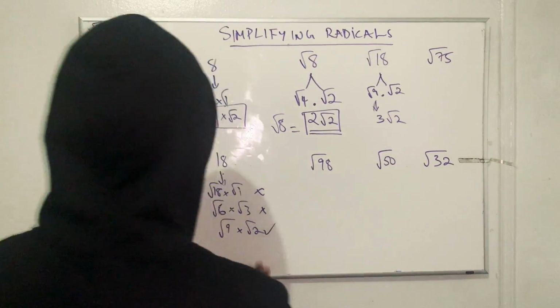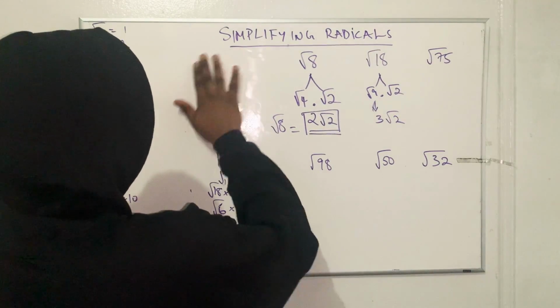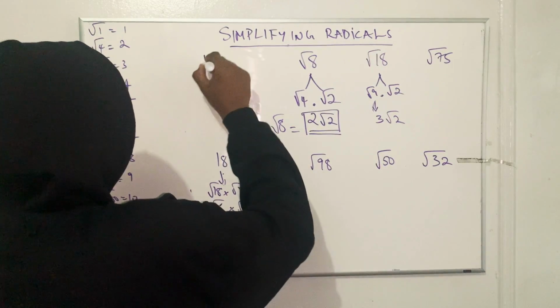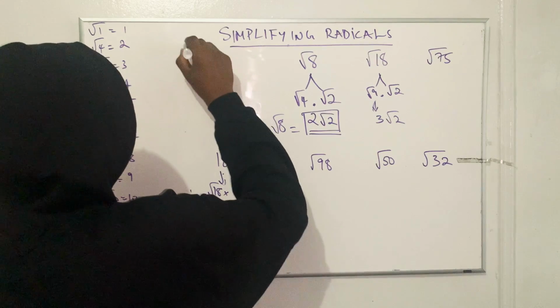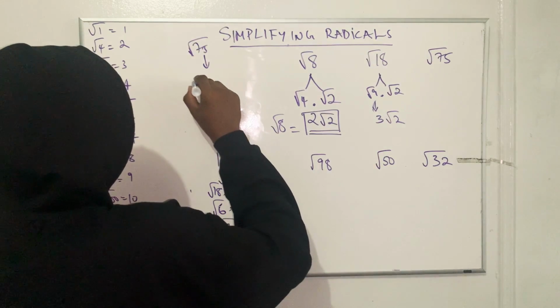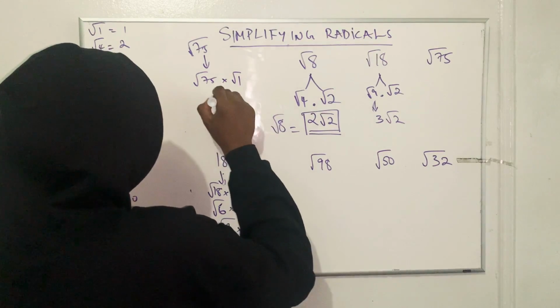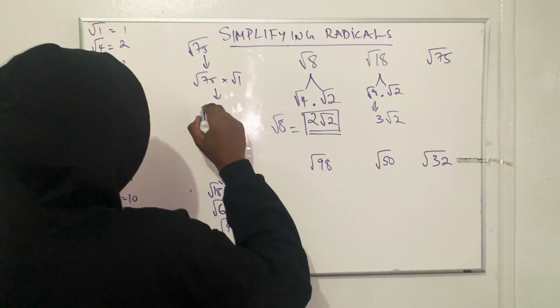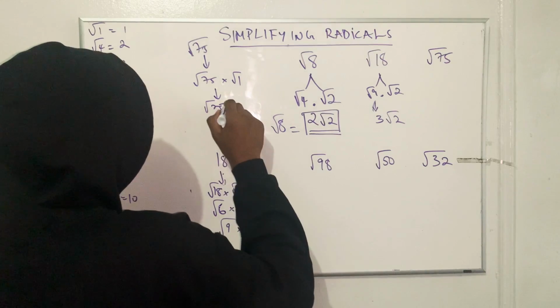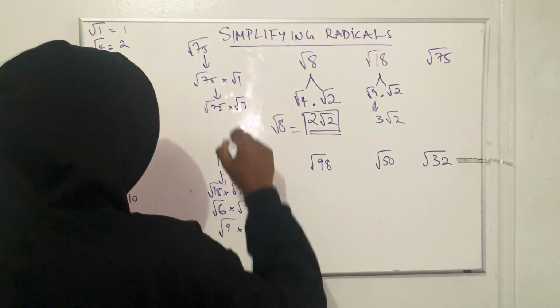Of course, we know 75 is not a perfect square. So we'll look for factors of 75, which are 75 and 1. Although you don't need it, you have 25 times 3. I believe so.